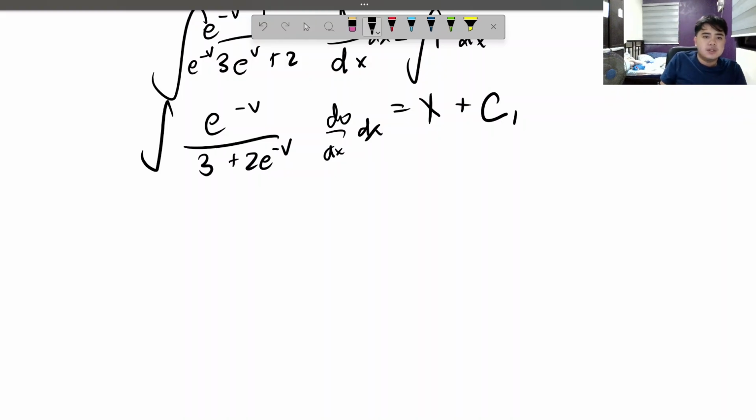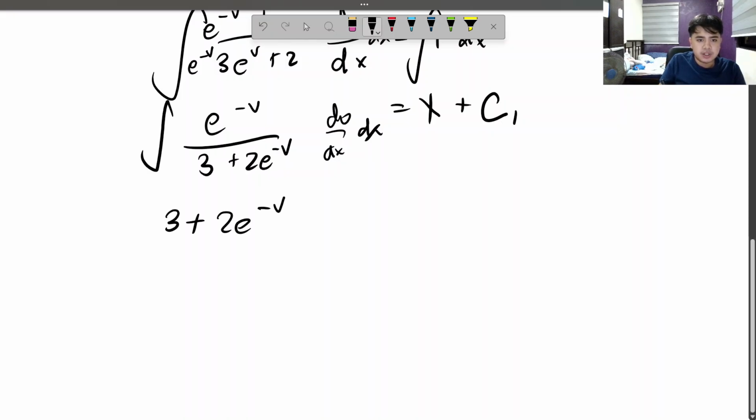So, now here, we can let 3 plus 2e to the negative v be equal to u, and du is negative 2e to the negative v dv by the chain rule, since dv over dx is here.